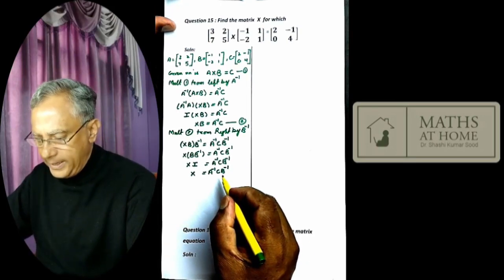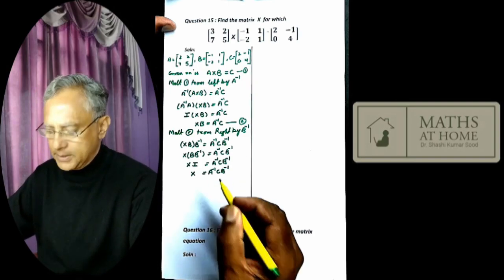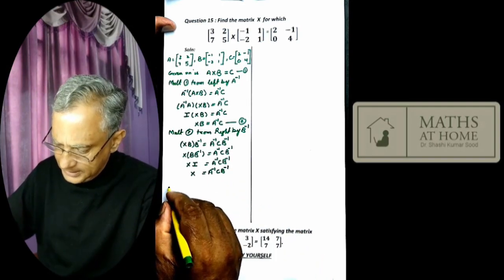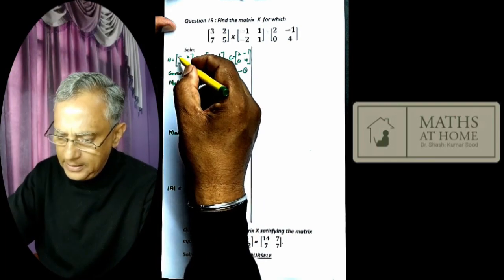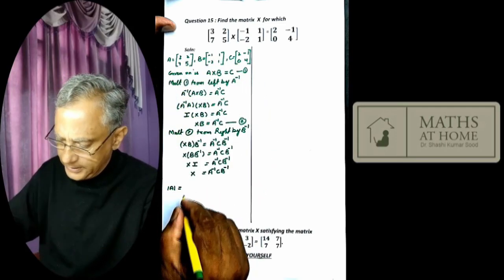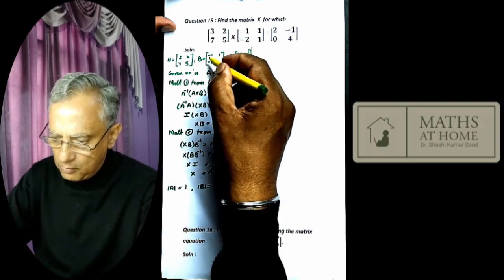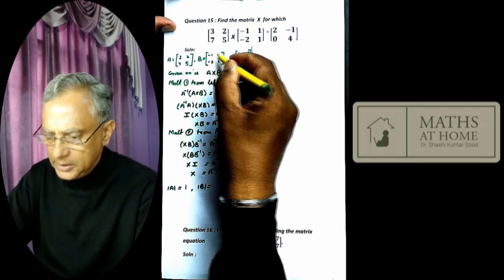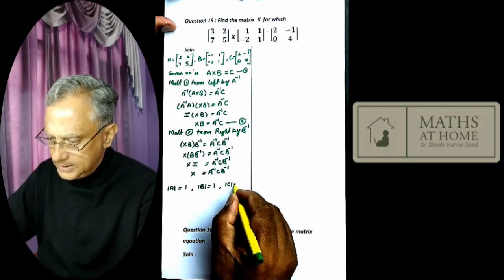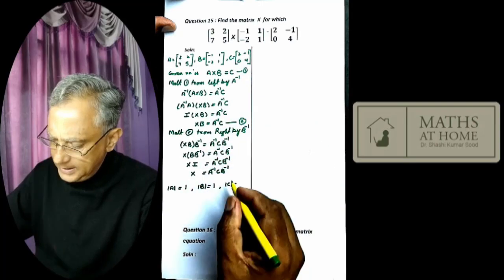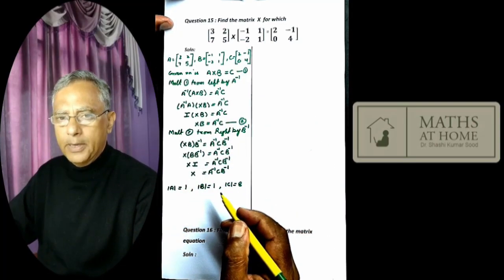Now in order to find X, we will find A inverse CB inverse. So first is determinant of A. Determinant of A is 15 minus 14, that is 1. Determinant of B is equal to minus 1 plus 2, that is 1. And determinant of C is 8 minus 0, that is 8. So A and B are invertible.